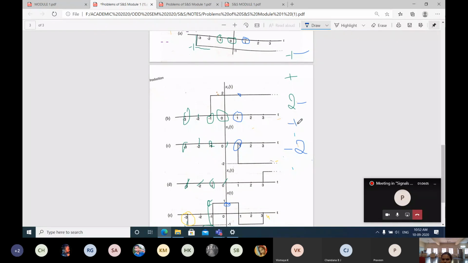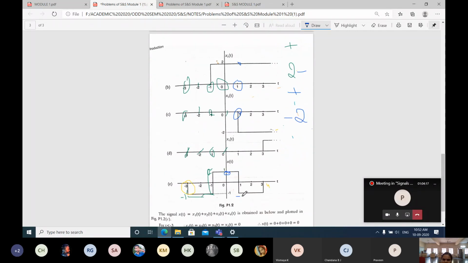We have to add all of these. 2 -2 are 0 and you will be left with -1. Means at 1 position you will be getting the amplitude as -1. For that reason, from -1 to 1 it will be 1. At 1 position it will be going to -1 value.